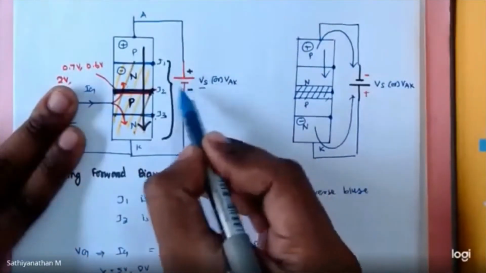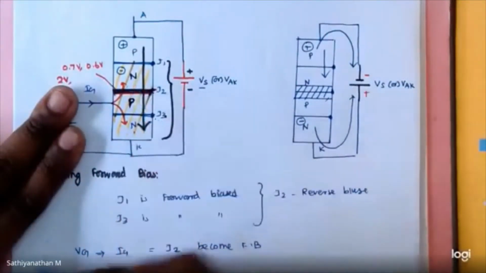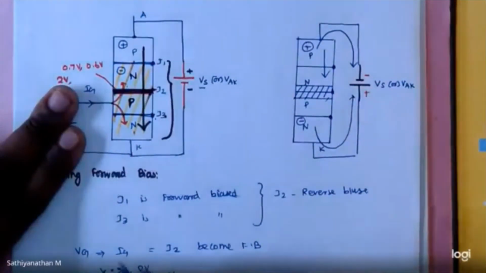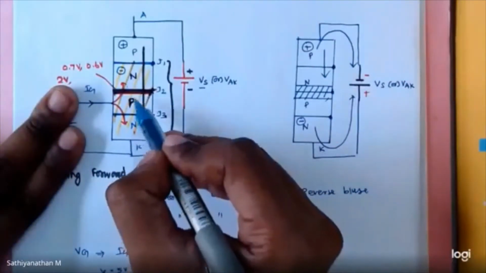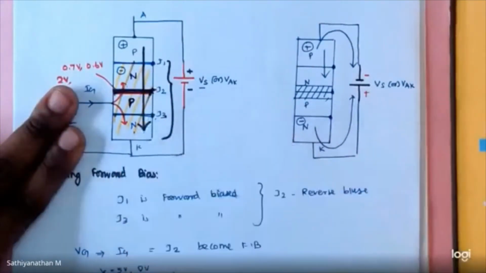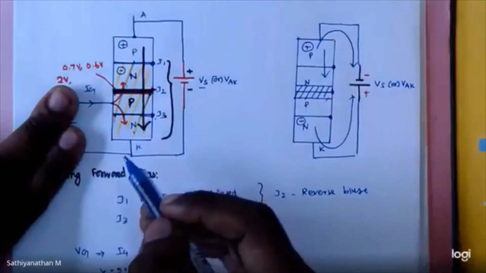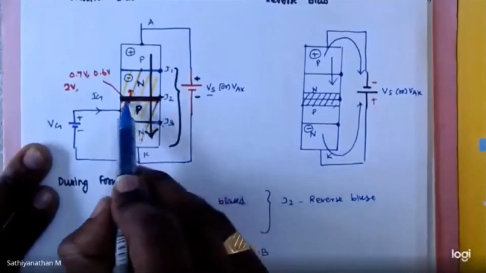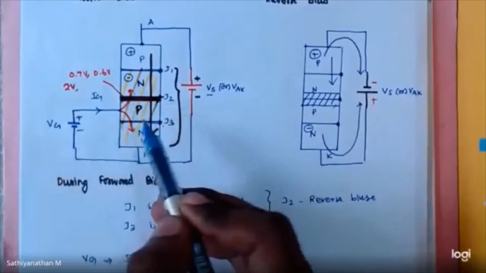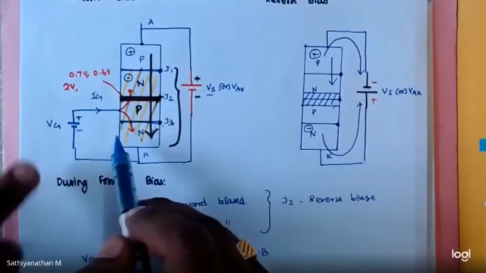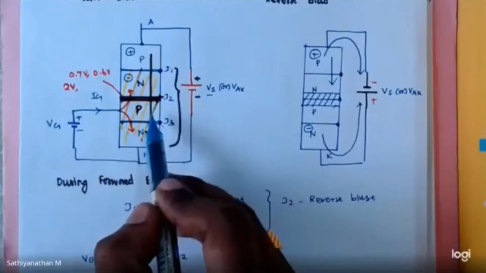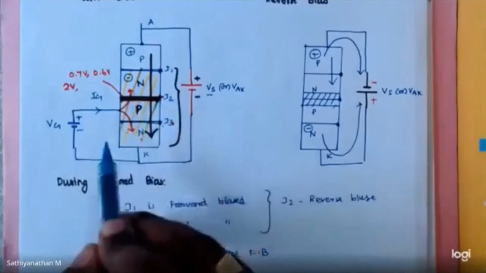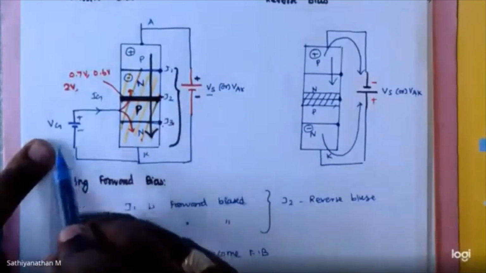For this source, these two layers are reverse biased. In order to make the device active, you need to apply an external source. So this barrier has to be reduced. To overcome this barrier, that is junction J2, we apply an external voltage.